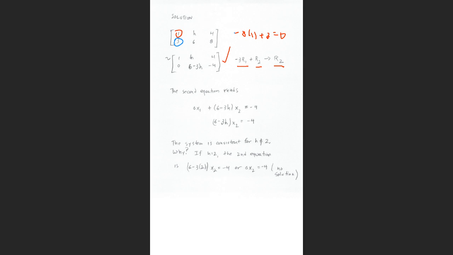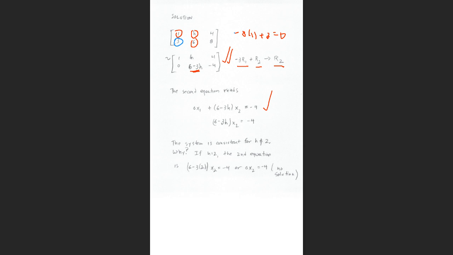And that's going to get me this augmented matrix here. Notice that negative 3 times h plus 6 is 6 minus 3h. So we don't need to do any more row operations. We've broken down the system of equations enough to be able to answer the question.